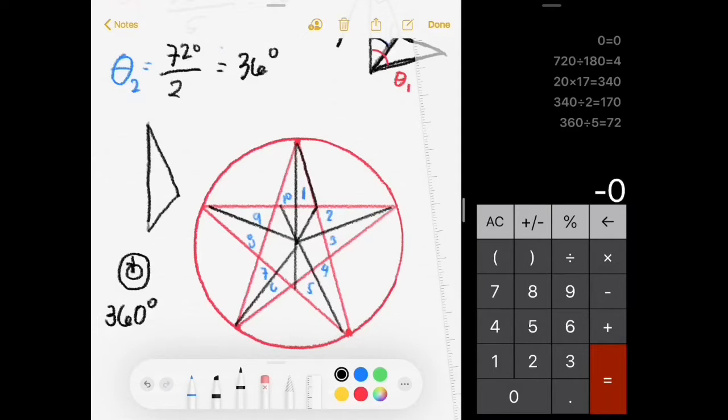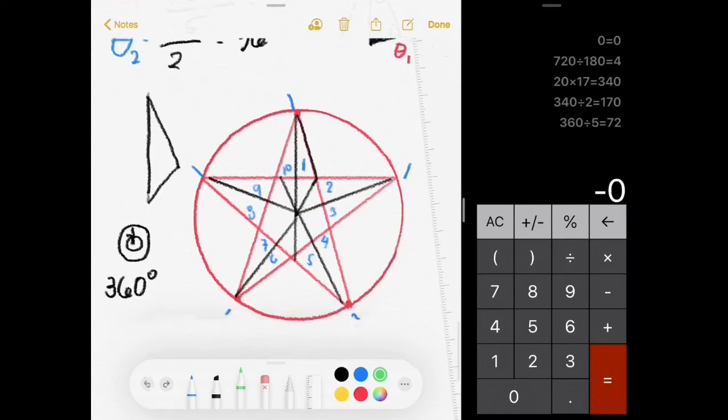So, since meron tayong 5 cut ng star, namely 1, 2, 3, 4, 5. So, therefore, makakakuha tayo ng isang angle na to. Okay. Pareho lang siya. So, 5 siya.